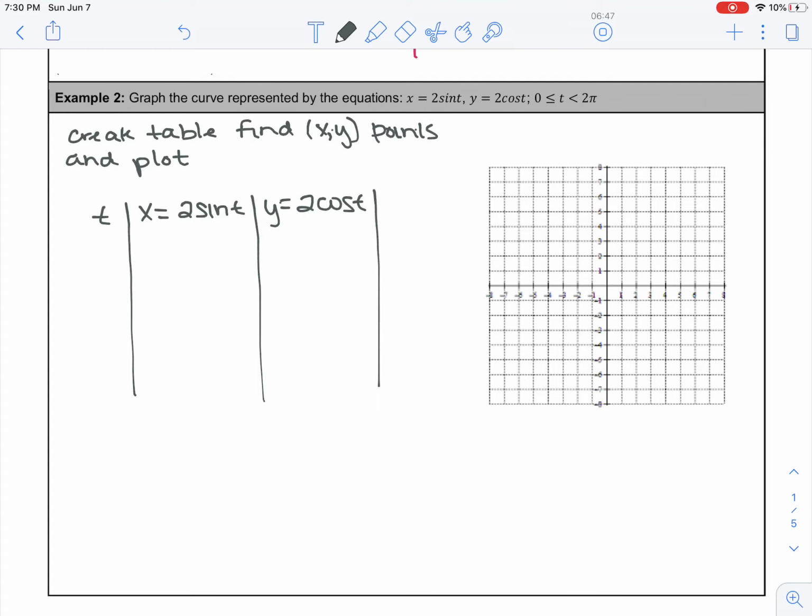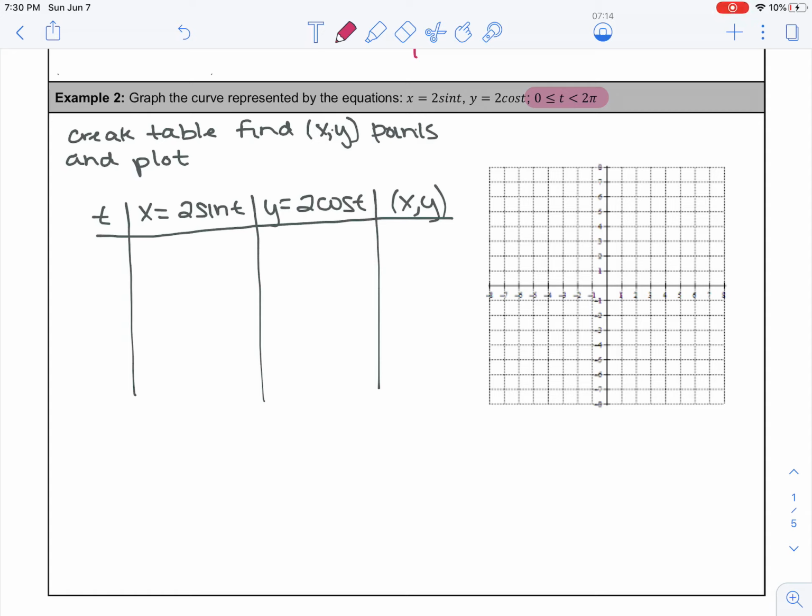And then our last column is that ordered pair x comma y, the collection of the outputs from our second and third column given our different values of t. So in looking at our domain restriction on t, we know that we can include 0 and we can go up to 2 pi.